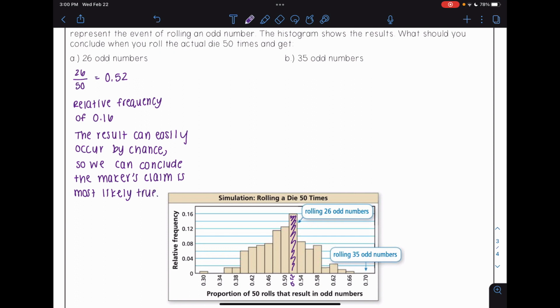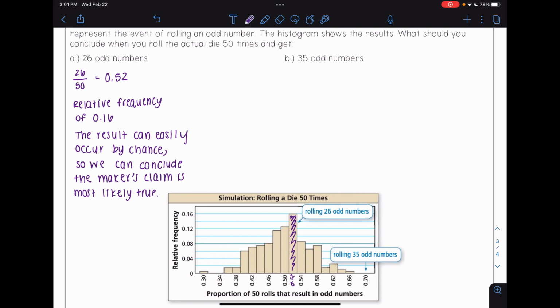And again, that is because this result can easily occur by chance. This 0.52, I see that actually happened the most in my simulation. That relative frequency of it happening was the highest. And so that means that this is most likely actually fair.